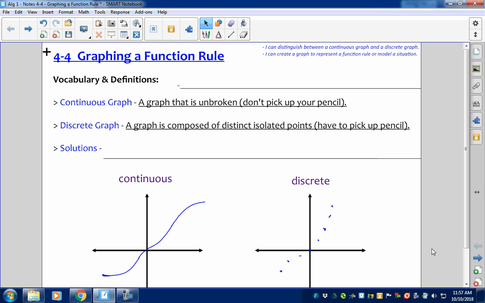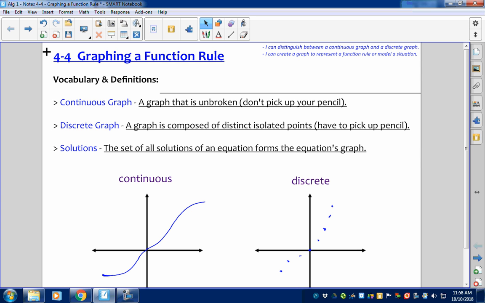I'm drawing pictures of each type. And then the solutions are the set of all points on the graph.